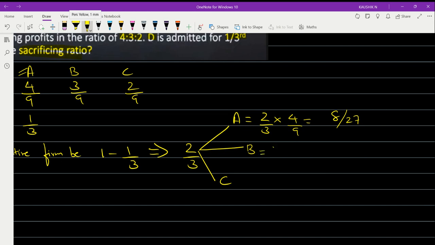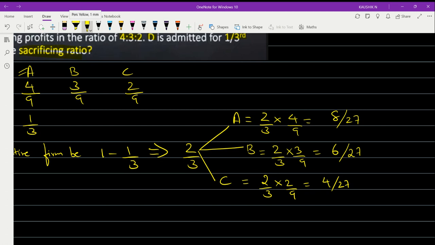Similarly for B, 2 by 3 into 3 by 9. 3 twos are 6, 9 threes are 27. Here for C, 2 by 3 into 2 by 9. That gives you 4 by 27.